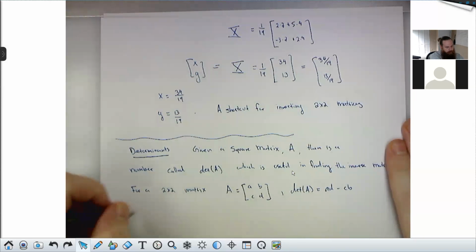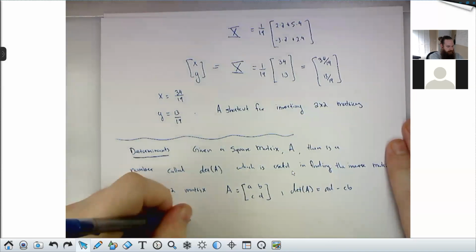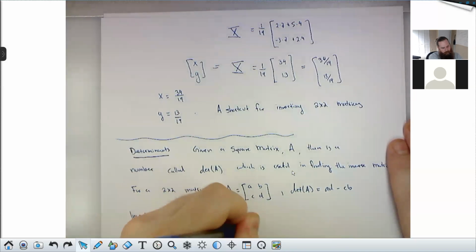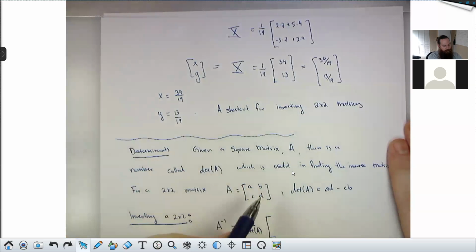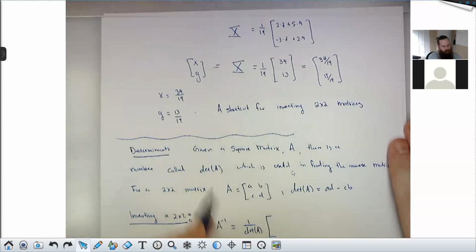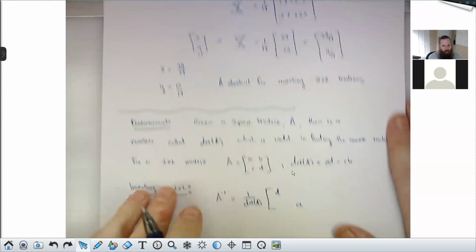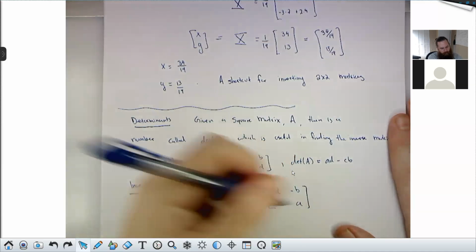And if you know that, the shortcut for a 2x2 is this. A inverse is 1 over the determinant of A times the matrix you get by switching these guys and negating these guys. So it's D and A here, and then negative C and negative B here.